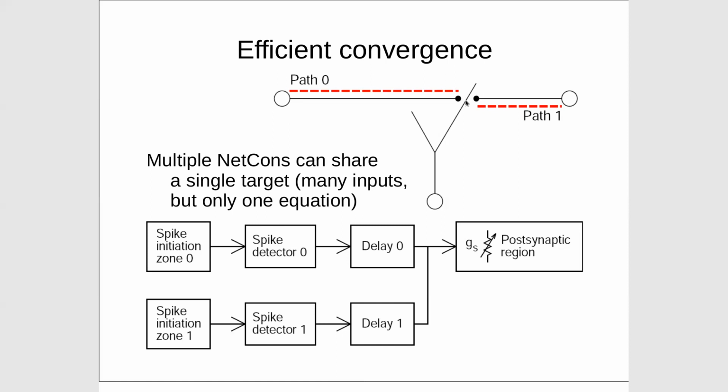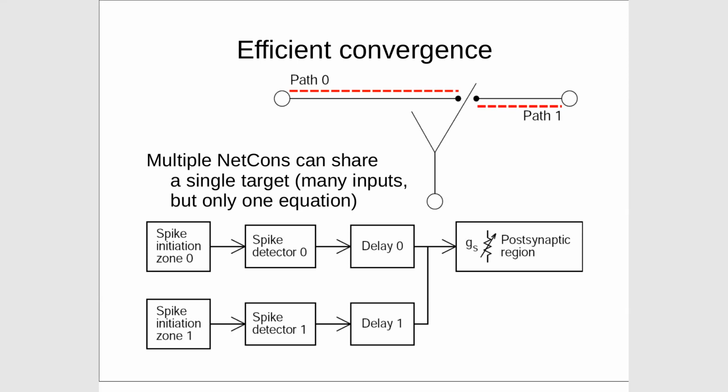So they can all be described, if it's a linear ODE that we're dealing with that describes an instance of a synaptic mechanism like that, by a single instance of that mechanism, which can handle multiple afferent event streams.